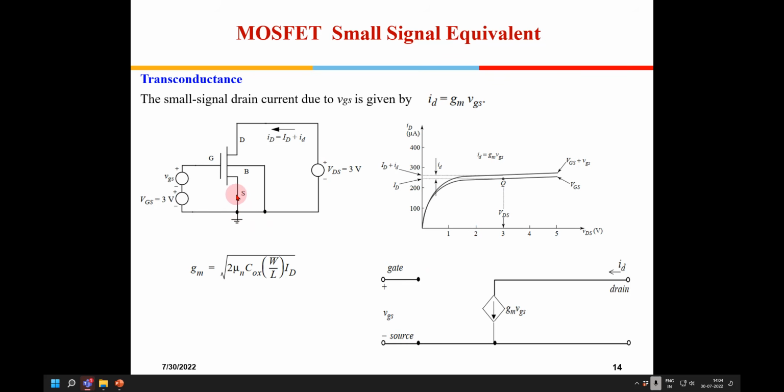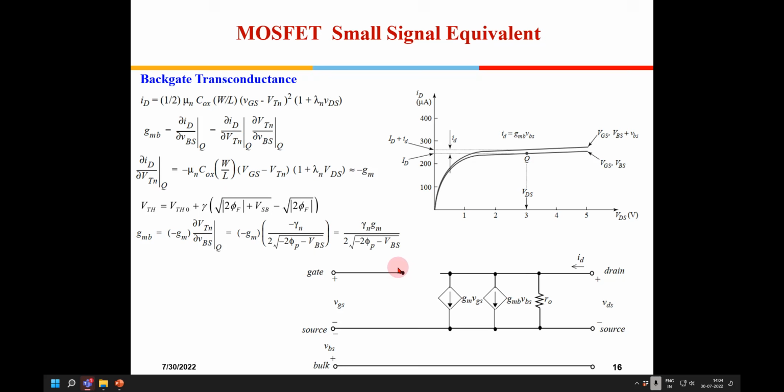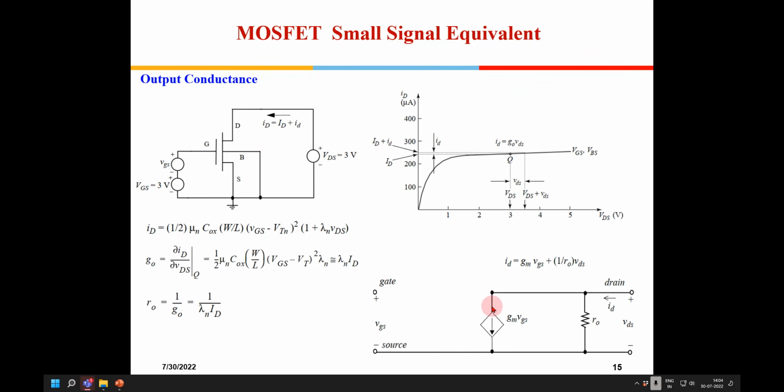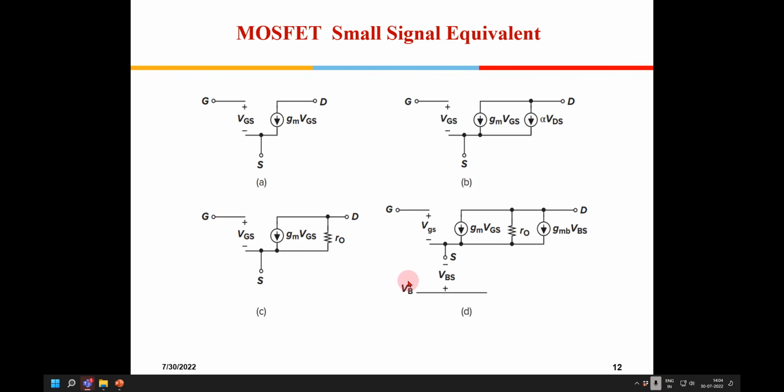There could be a small signal appearing at the source also. In that case I will have this GMB VBS component, which is a new component added here, in the small signal model. Now we try to find the value of GMB, like we found what GM is.